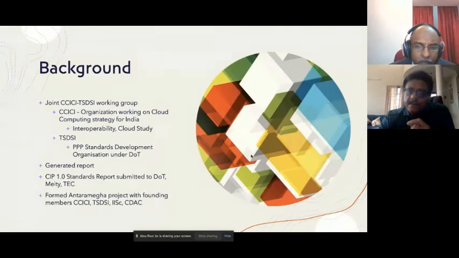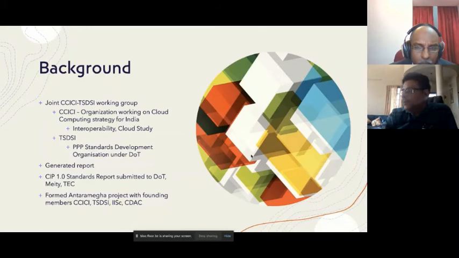So what we've essentially done is we've taken a look at various use cases, such as the requirements of the telecom industry, smart cities, and enterprises, and said, okay, suppose all of these things have to network and interoperate together, then what are the standards we need? That standards report has been submitted to DOT, MeitY, and also TEC, which is the testing arm. And they've given some comments, and we have incorporated that.